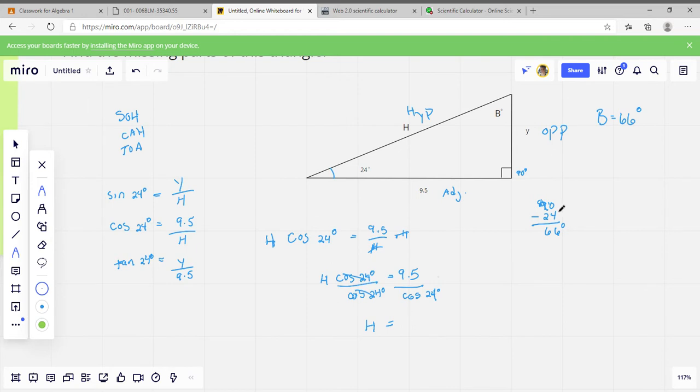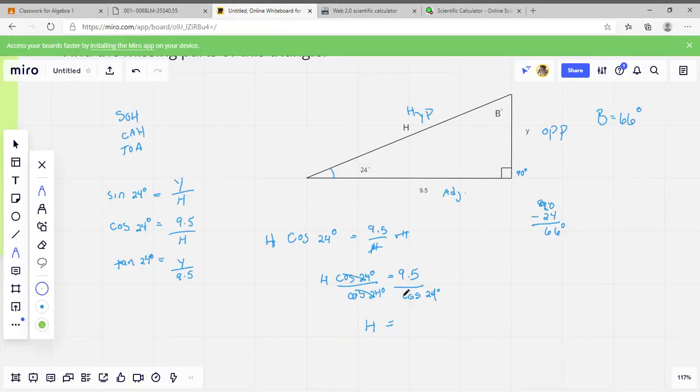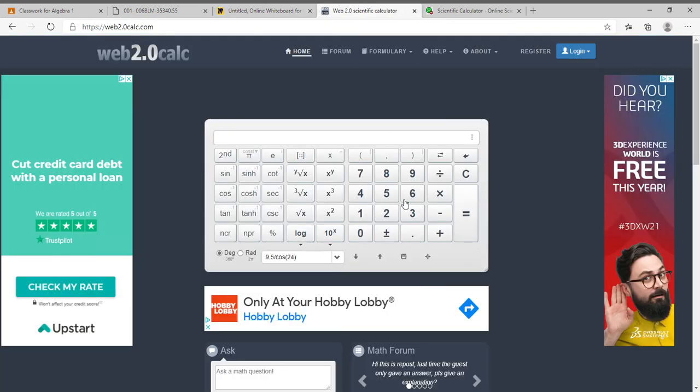Alright, so I'm going to go over to my calculator. And I need 9.5 divided by the cosine of 24. I'm going to keep that in parentheses there. I want to make sure that I'm doing 9.5 divided by the cosine of 24.